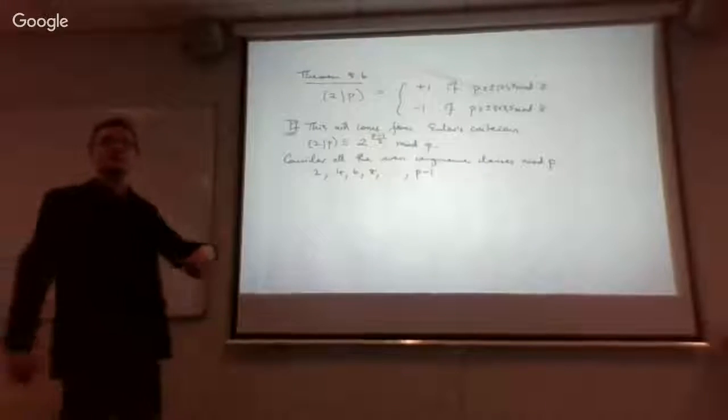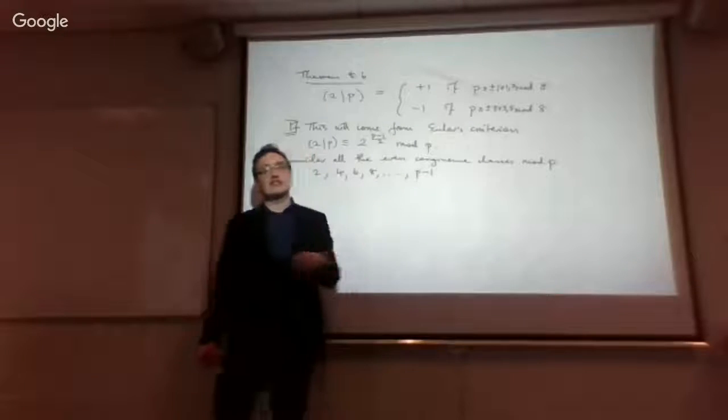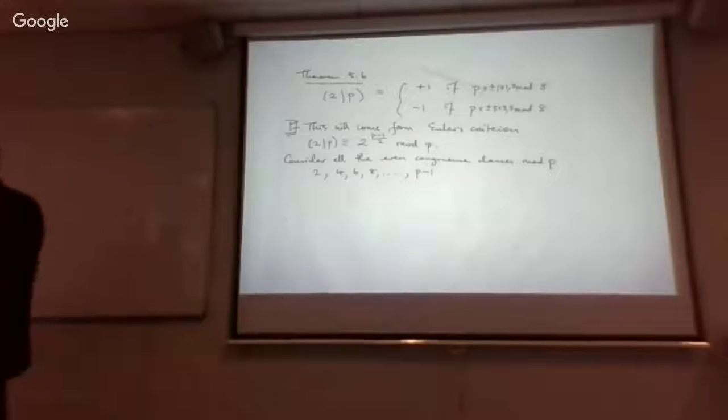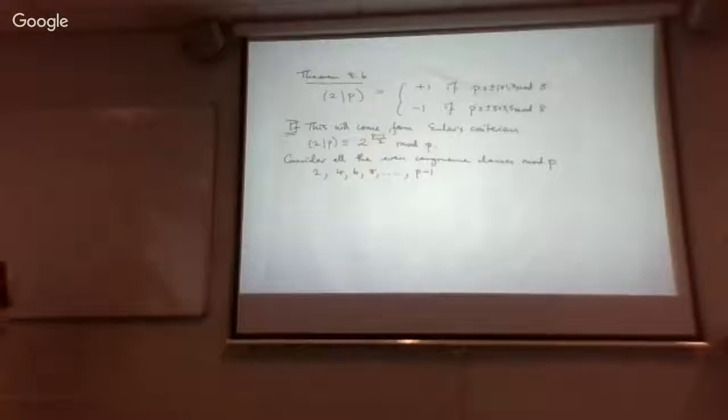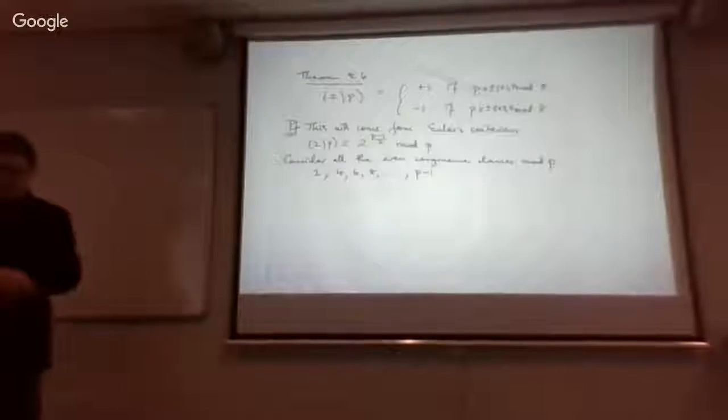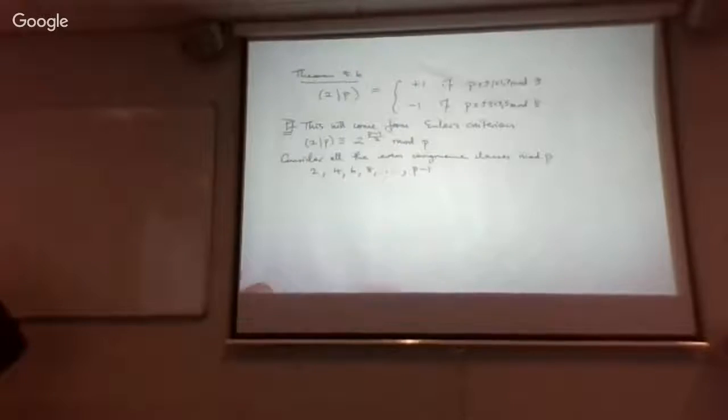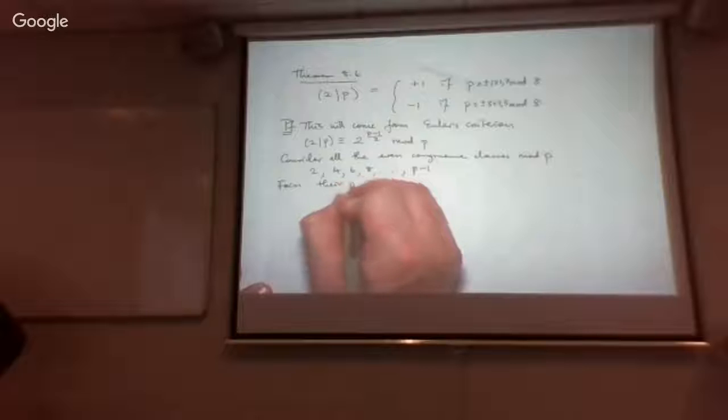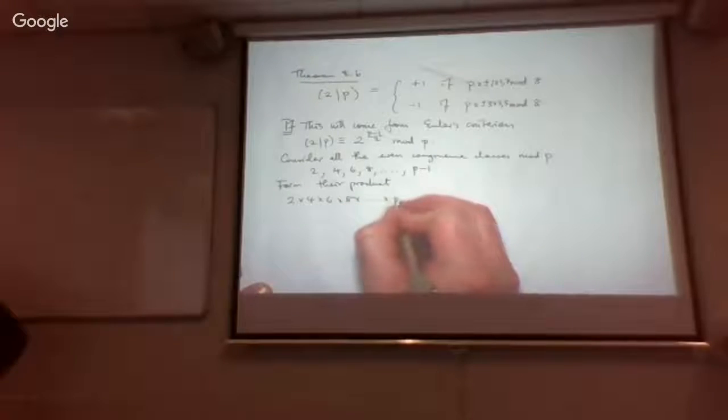P is an odd prime, so the last congruence class, p minus 1, will be an even one. We're going to consider their product: 2, 4, 6, 8, 10, etc., all the way up as far as p minus 1.